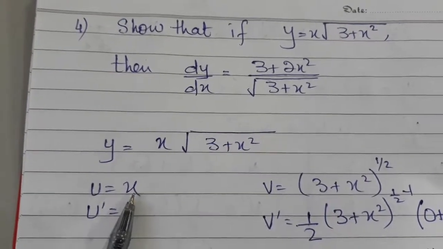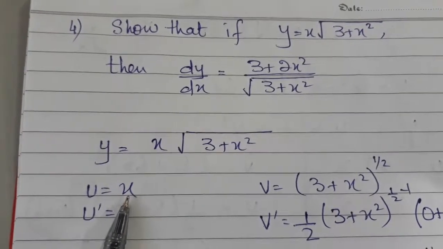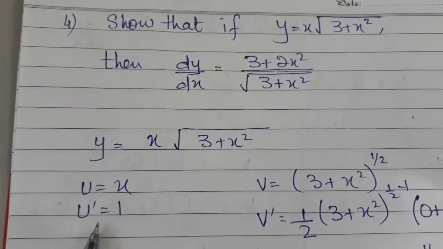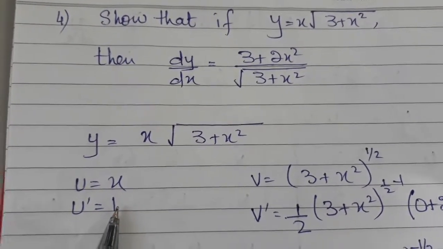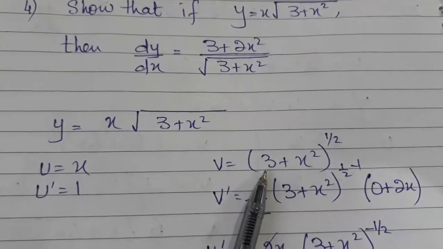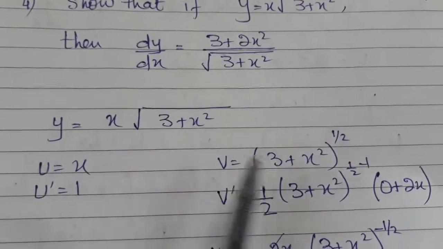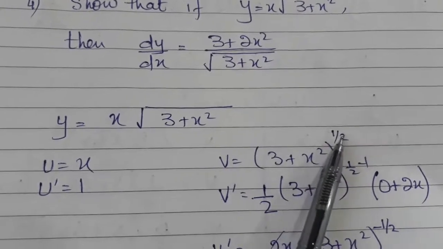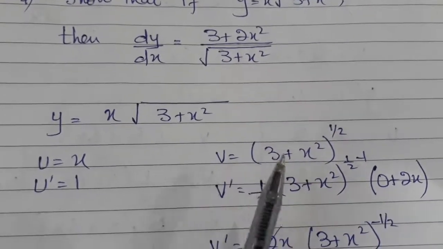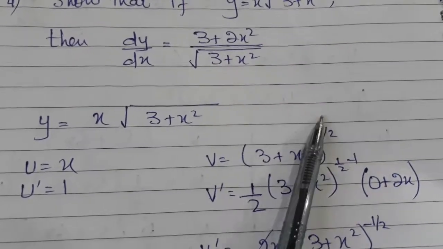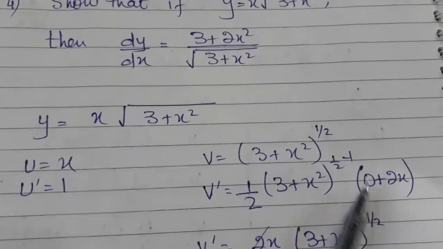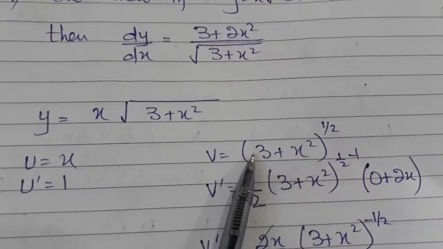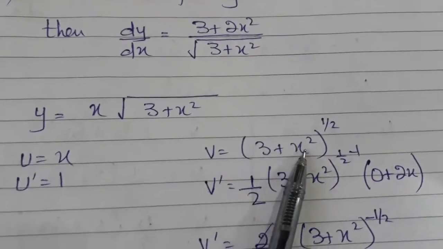So I'm taking u as x, so the derivative of x will be 1. And the derivative of v, now this function is my v, again I'm explaining, half as it is, half minus 1, multiplied by the derivative of this, which is 0 plus 2x.